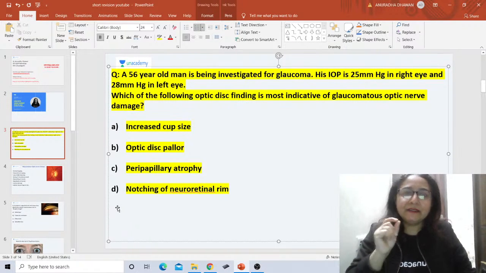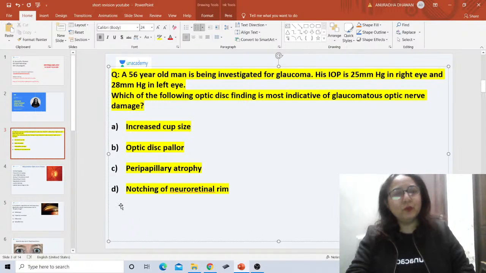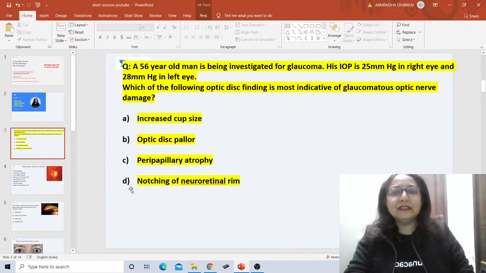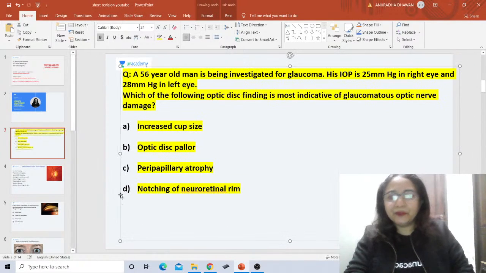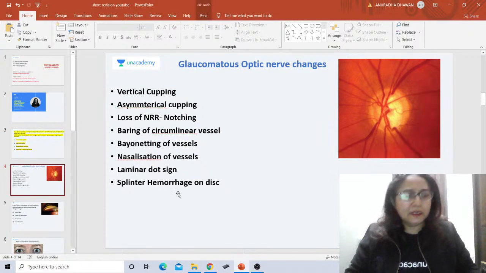That indicates localized nerve fiber loss, which is most characteristic of glaucomatous optic nerve damage. So the right answer to this question is choice D, notching of the neuroretinal rim.